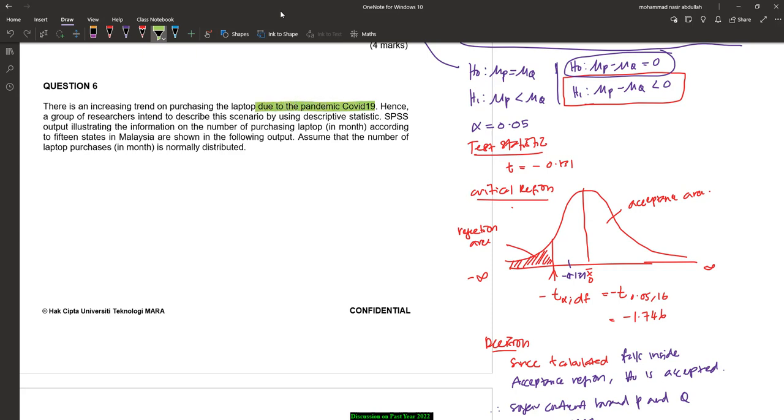Not only laptops, iPads are sold out too. Last year I wanted to buy an iPad and there were none. A group of researchers intend to describe this scenario using descriptive statistics. The SPSS output illustrates the number of laptops purchased in a month according to 15 states in Malaysia.